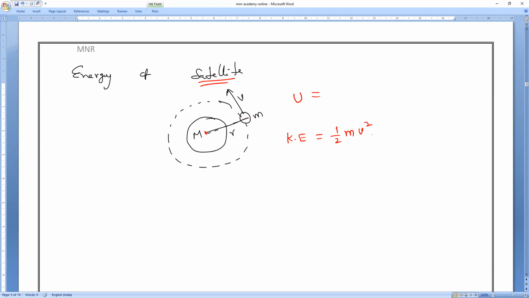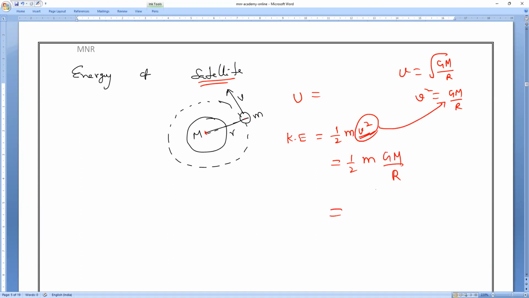Please respond. We know that v is equal to root of GM by r, so v squared is equal to GM by r. I'll replace v squared: half into m into M divided by r. This is the formula for kinetic energy.